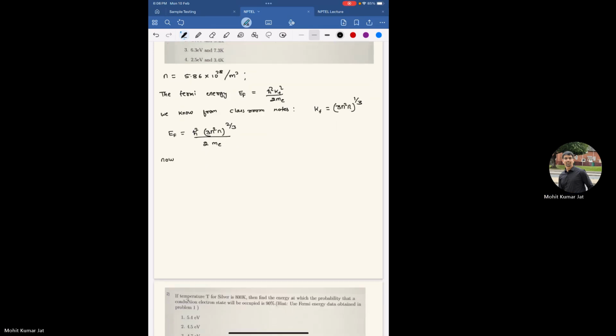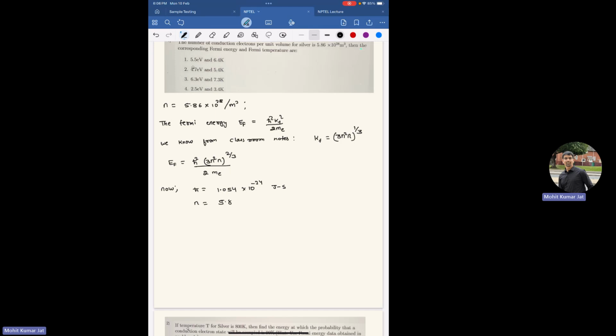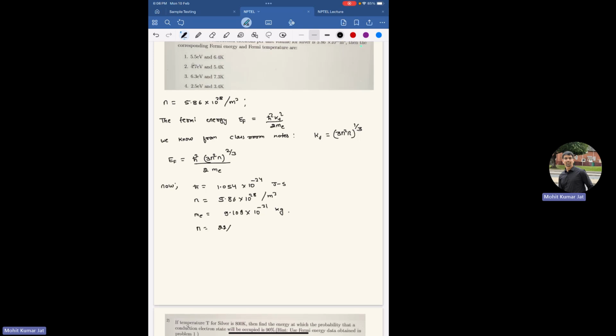Now h bar we all know is 1.054 into 10 power minus 34 joule second. N is given in the question, that is 5.86 into 10 power 28 per meter cube. Mass of electron we all know is 9.109 into 10 power minus 31 kg, and pi we take as 3.14. So all the quantities are known, so let's just calculate EF.